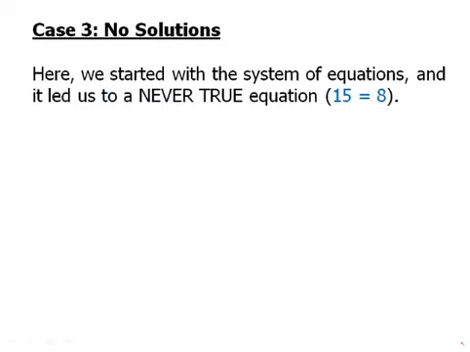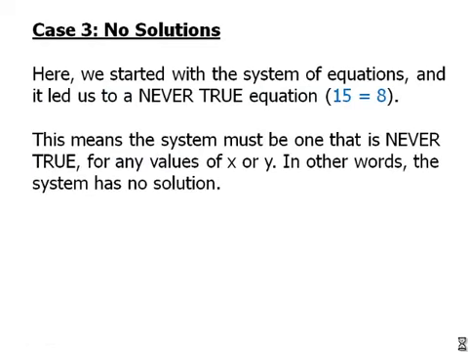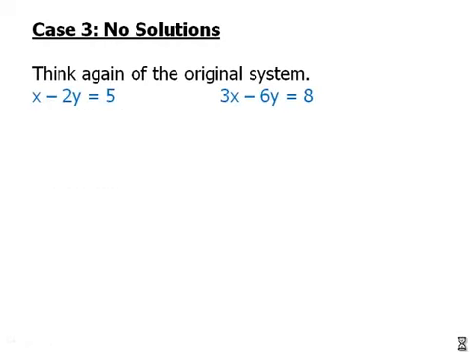Here we started with the system of equations and it led us to a never true equation. This means that the system of equations must be never true. In other words, there are no possible values of x and y that we could pick that would allow us to say that 15 equals 8 is a true statement. So the system does not work for any values of x and y, and there is no solution. How can this happen?